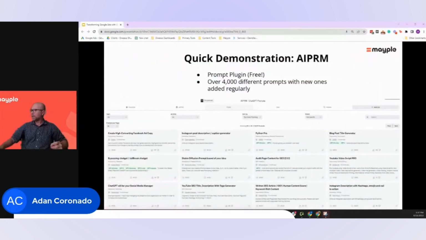So YouTube video script is one of many, but they have a ton, and you can actually search within AIPRM. This is the screen that I look at when I first open ChatGPT 4, and you can do searches for different types of prompts, and they can help you do everything from creating video scripts to creating video ads.